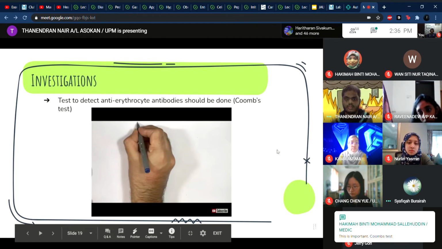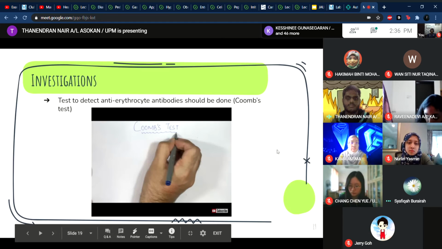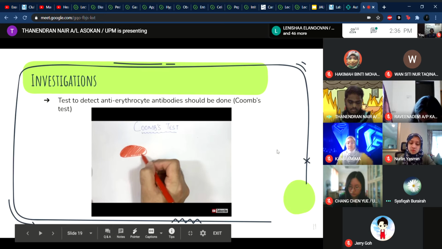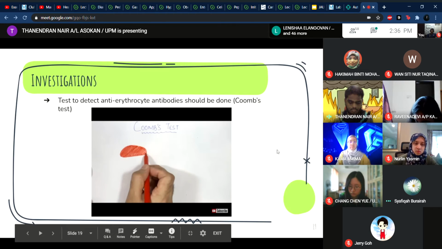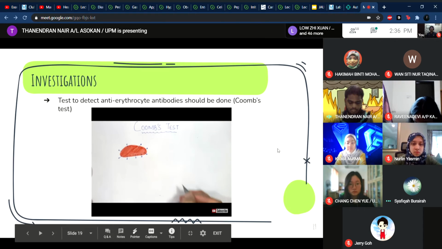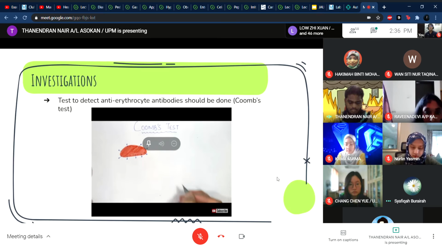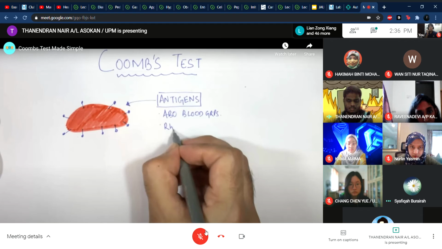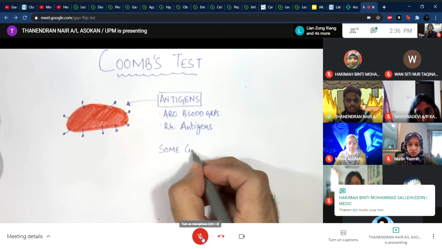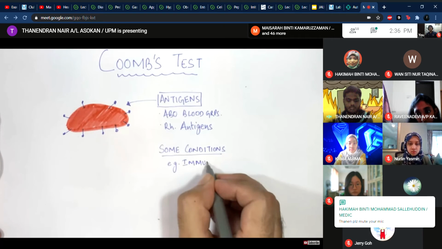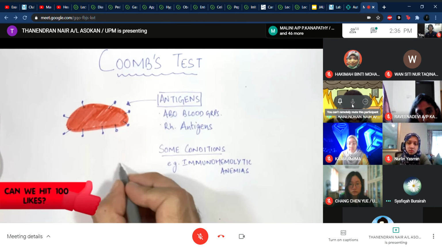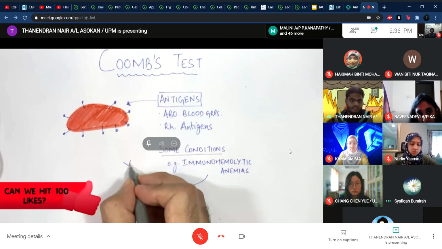In this video, we will discuss the Coombs test. Before discussing the Coombs test, it is very important to understand the concept of the autoantibody. So this is an RBC, and on the surface of the RBC, there are lots of antigens. For example, the ABO blood grouping antigens, the RH antigens, and many others. In some conditions of the body, for example, the immunohemolytic anemias, the body produces certain types of antibodies which are directed against these antigens.